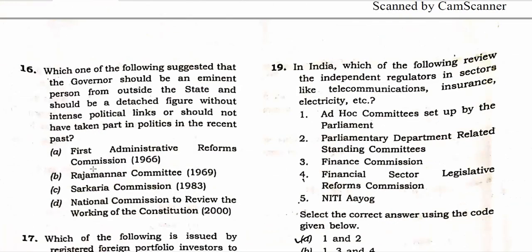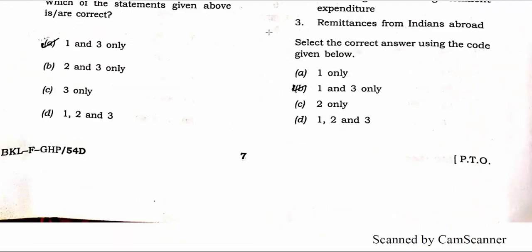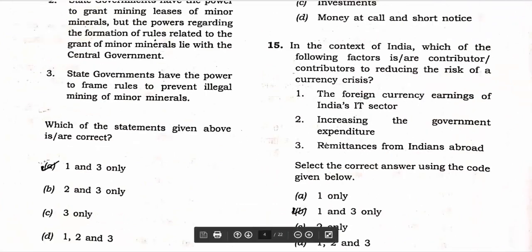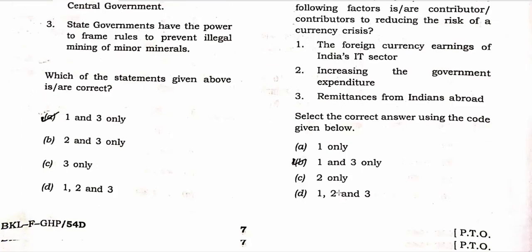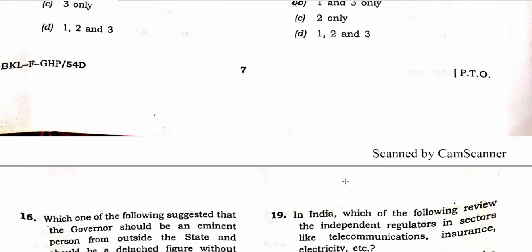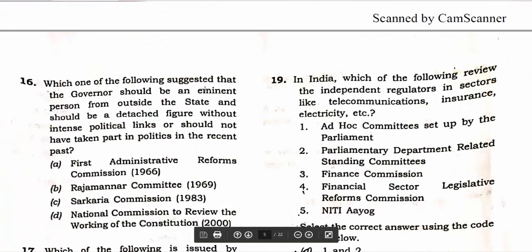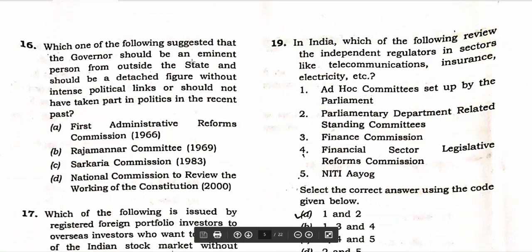And this part we have done in the classes as well. When we did the currency parts and the remittances, balance of payments and all, we have covered them in the classes. If you have attended and been a little analytical, this answer would have been very easy for any candidate. Then, which one of the following suggested that the governor should be an eminent person from outside the state, should have detached political links, or should not have taken part in politics in the recent past?